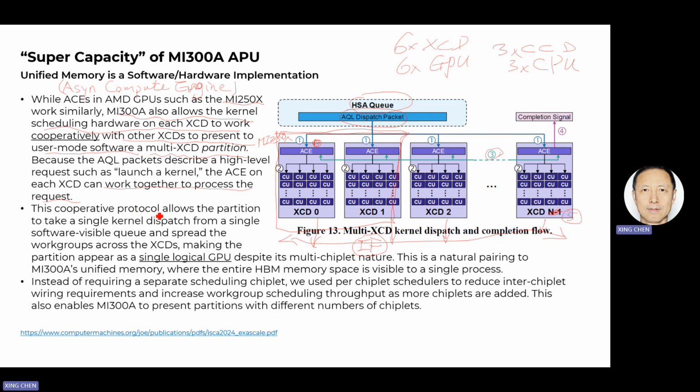This cooperative protocol allows the partition to take a single kernel dispatch from a single software-visible kernel and spread the workload across XCDs, making the partition appear as a single logical GPU, despite its multi-chip nature. This is a natural pairing to MI300 unified memory, where the entire HBM memory space is visible to a single process.